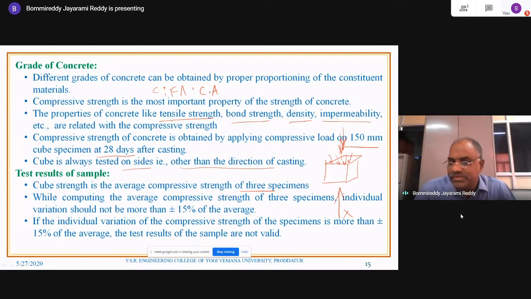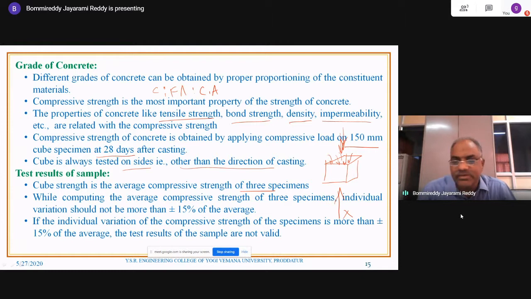Once these three are cast, find the compressive strength of the individual cubes and then find the average. The average strength of the cube specimens is (F1 + F2 + F3) divided by 3.